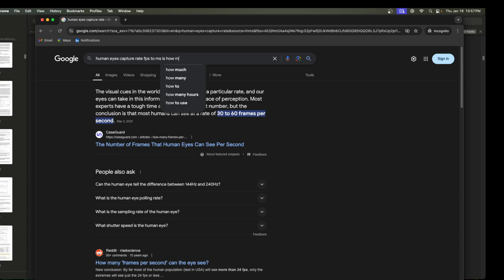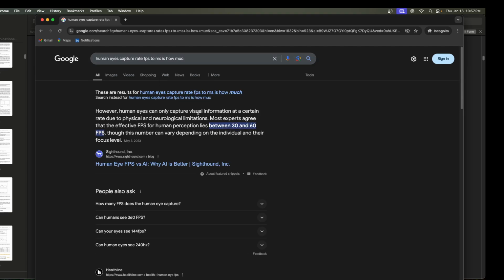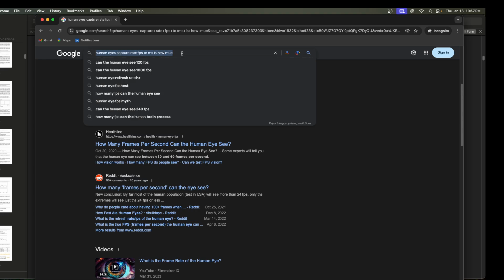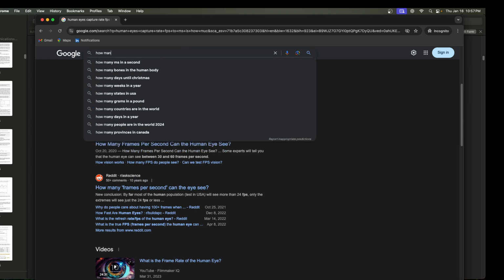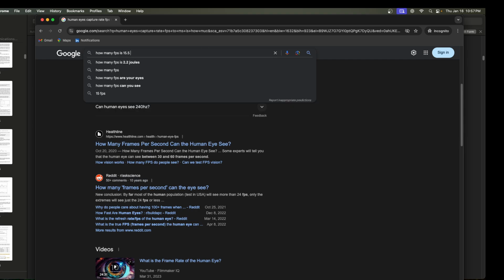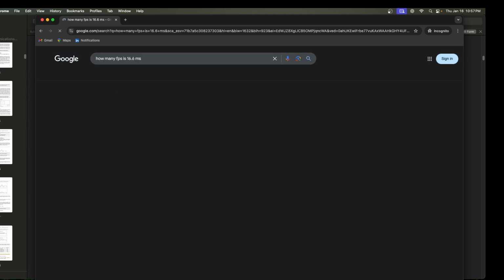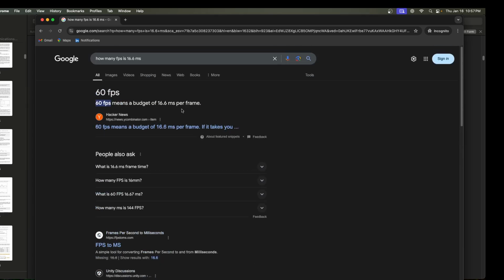So 60 fps means a budget of 16.6 milliseconds per frame.